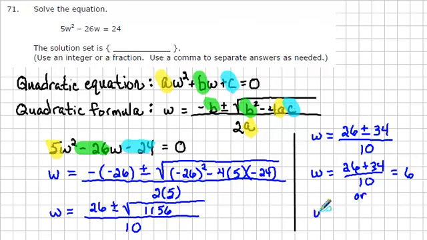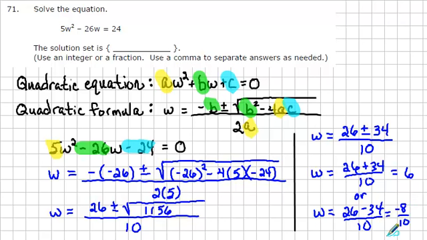Or W is equal to 26 minus 34 divided by 10. 26 minus 34 is equal to negative 8. So we get negative 8 over 10.